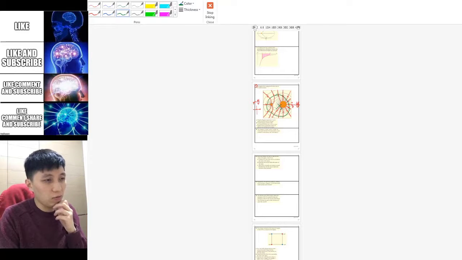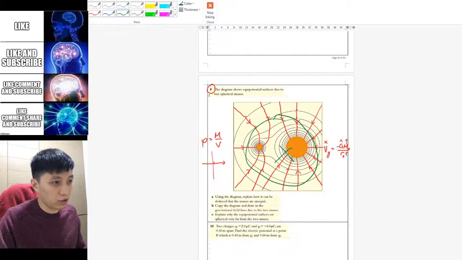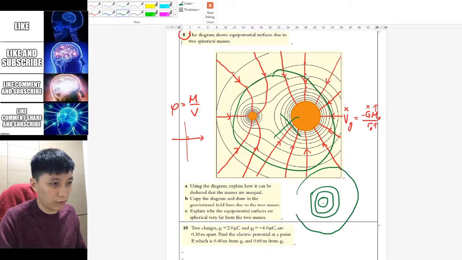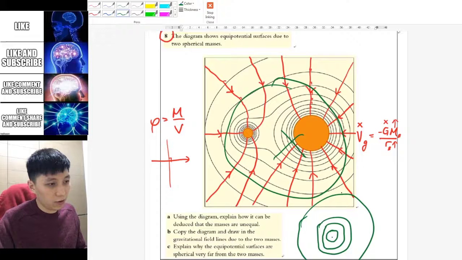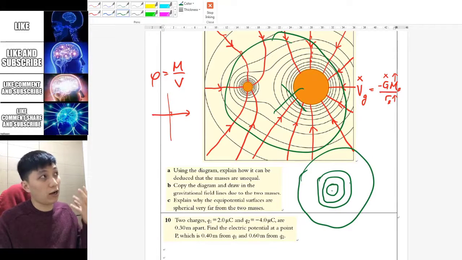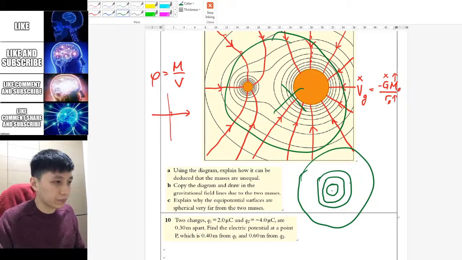And so you can now consider this as one big mass simply, and then you just have to think about, hey, if we simply have one mass, then of course its equipotential lines will be like what we did earlier in the virtual lab. So that's why you have spherical equipotential lines, just like when you have maybe one proton or one electron in a space.